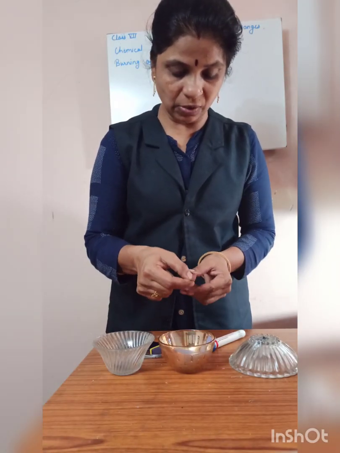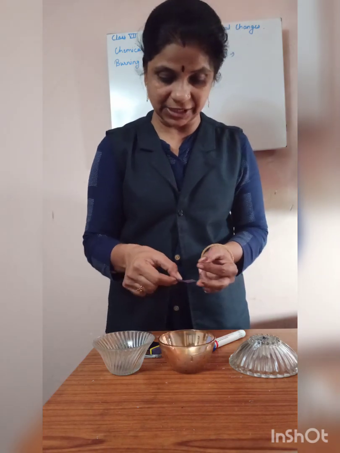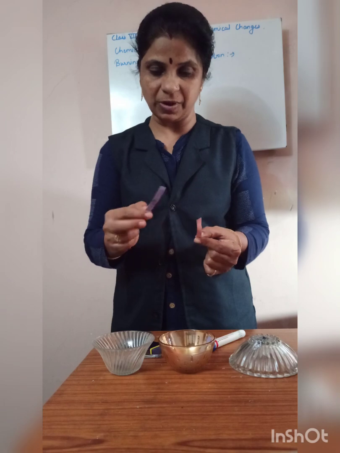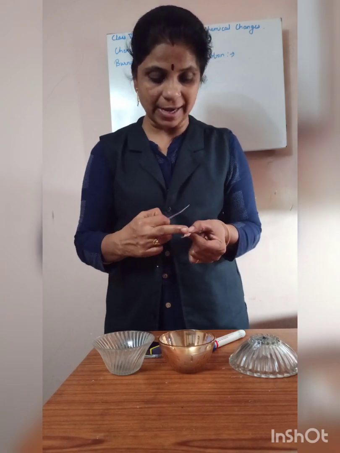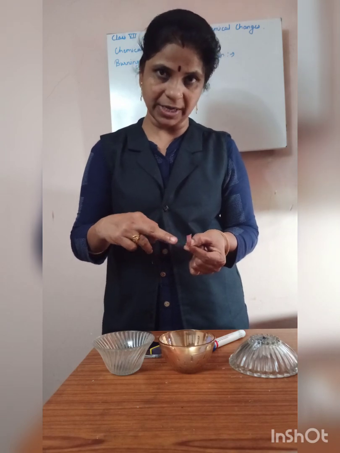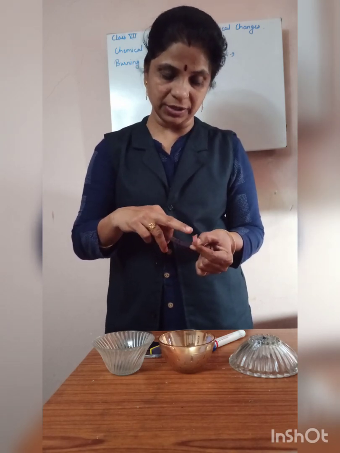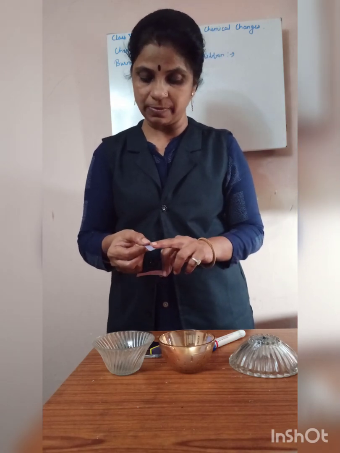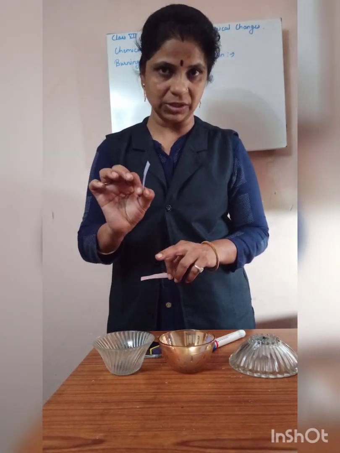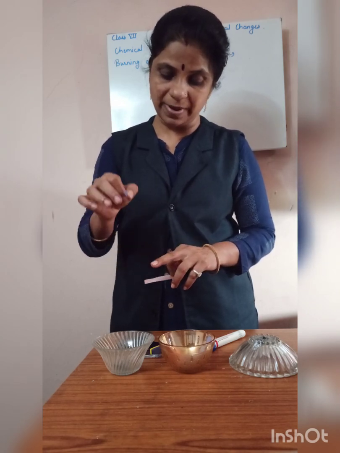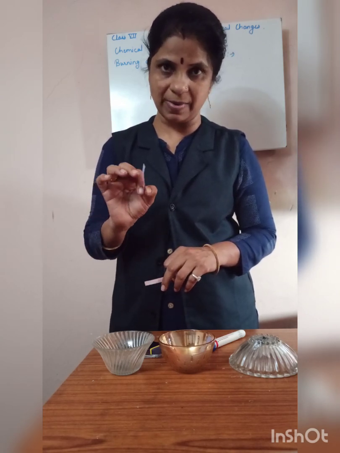Now we are going to test whether it is acidic in nature or basic in nature. Already you know this is red litmus paper, and blue litmus paper. When red litmus paper is dipped in acid, it remains red. But in base, it will turn blue. In the same way, when blue litmus paper is dipped in acid, it will turn red. But if I dip it in basic solution, it will remain blue.